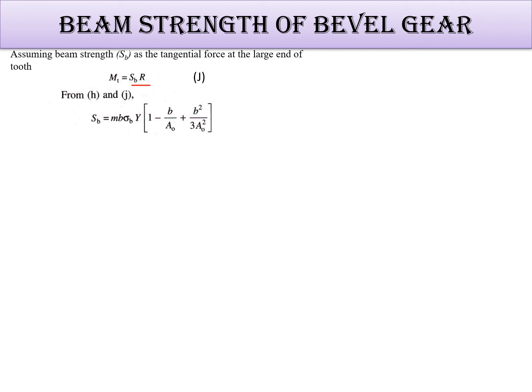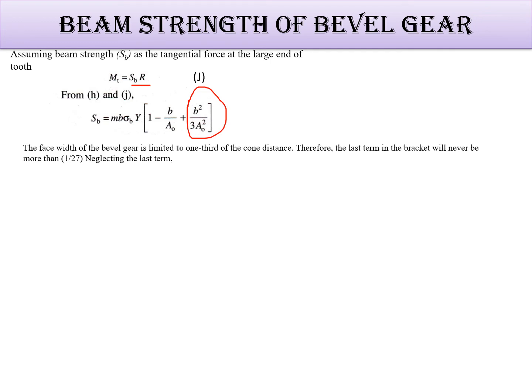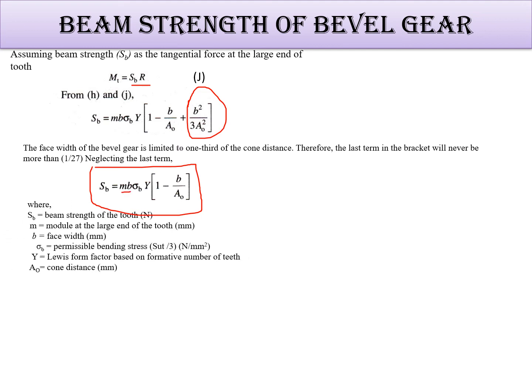So we get m b sigma b y into 1 minus something, but this part is not very important for us and it can be neglected. It is a small part, so it can be neglected. So we get the equation for beam strength as Sb is equal to m b sigma b y into 1 minus b upon AO. Same equation, only 1 minus b upon AO is added here.